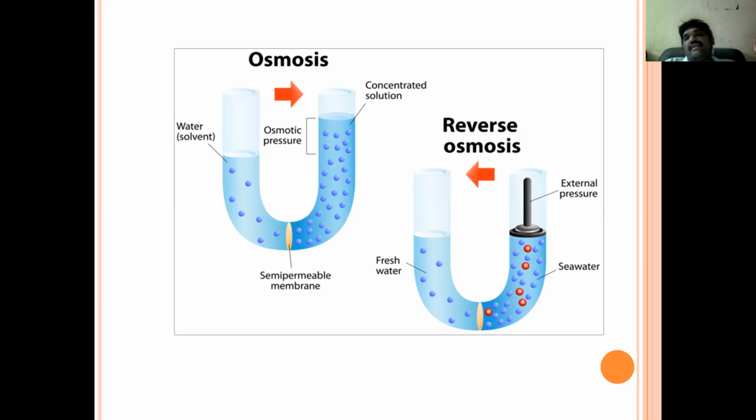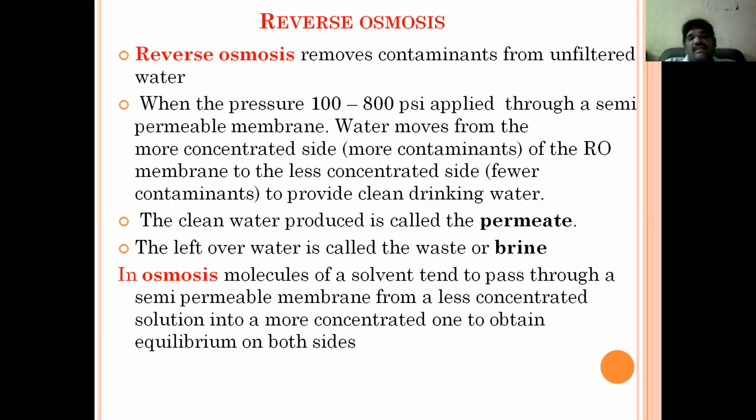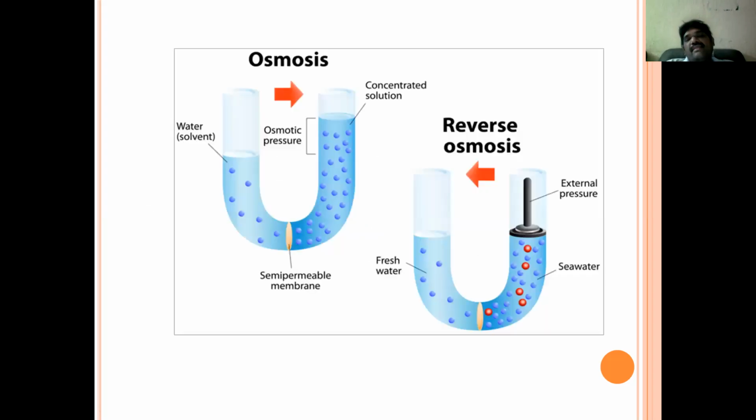That is the reason water is moving from the high concentrated zone to the low concentrated zone. See here, in osmosis, molecules of solvent tend to pass through a semi-permeable membrane from a less concentrated solution into a more concentrated one to obtain equilibrium on both sides.